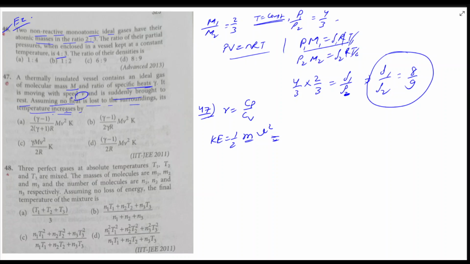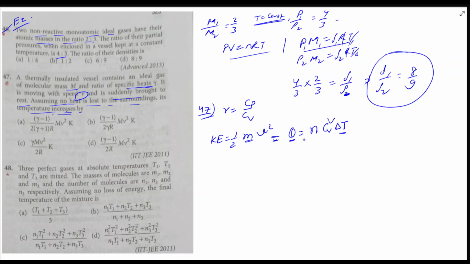The insulated vessel contains an ideal gas, so volume must be constant. We have to take volume constant. So the heat at constant volume will be n Cv delta T. Delta T is what we have to find.